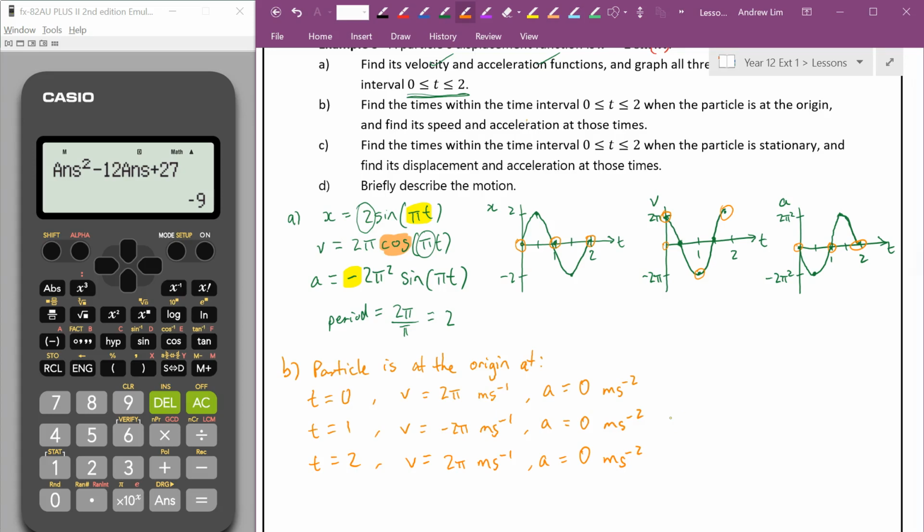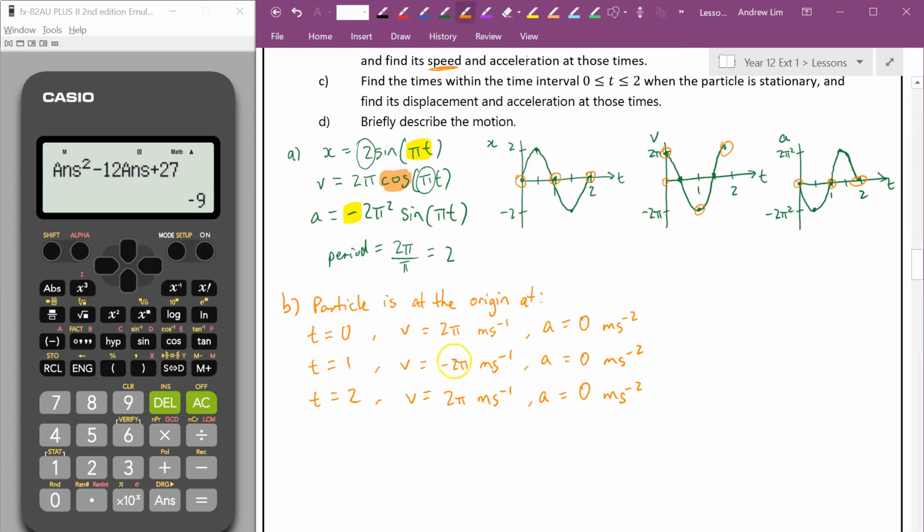Okay, now the question says speed, not velocity. So we can see here that the speed is just 2 pi for all of them actually. Okay, at t equals 1, the velocity is negative 2 pi. That just means it's going left. Alright, and that's it.